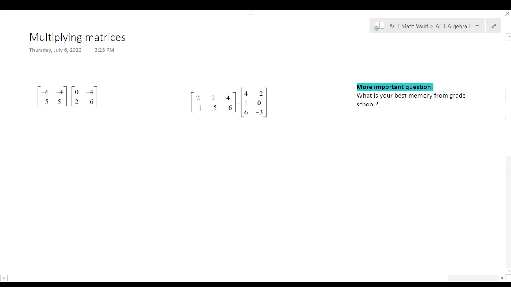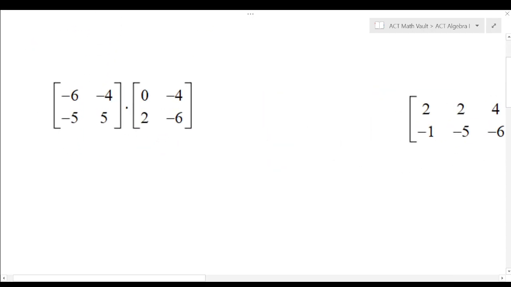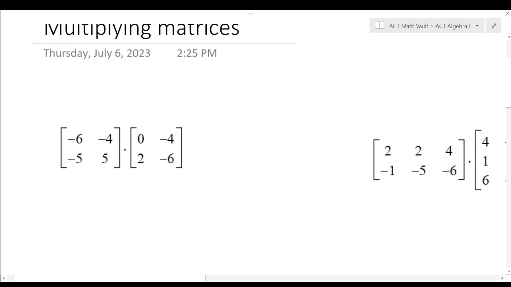What a lot of my students think is because adding and subtracting matrices is so straightforward, this answer would be just 0, 16, -10, and so on. But sadly, that is not true. We can't follow that same model for multiplying.